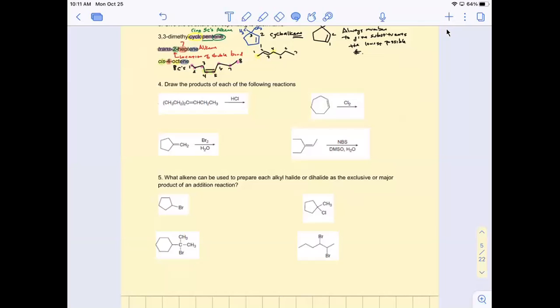All right, so we're gonna look at these two reactions down here. Let me cut them and put them on a different page. We're gonna walk them down.